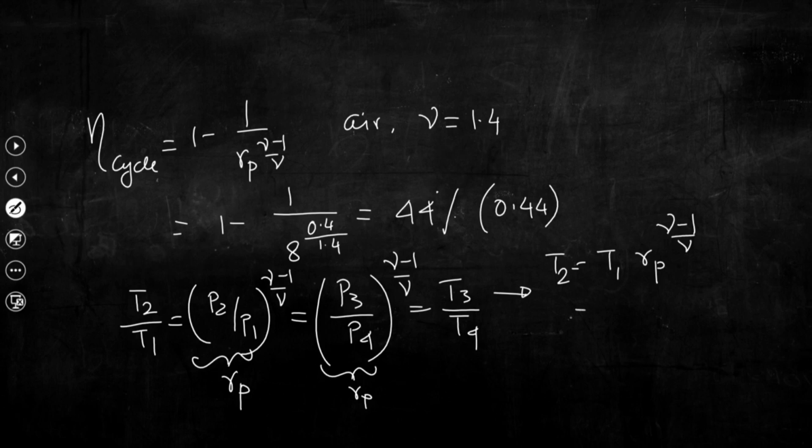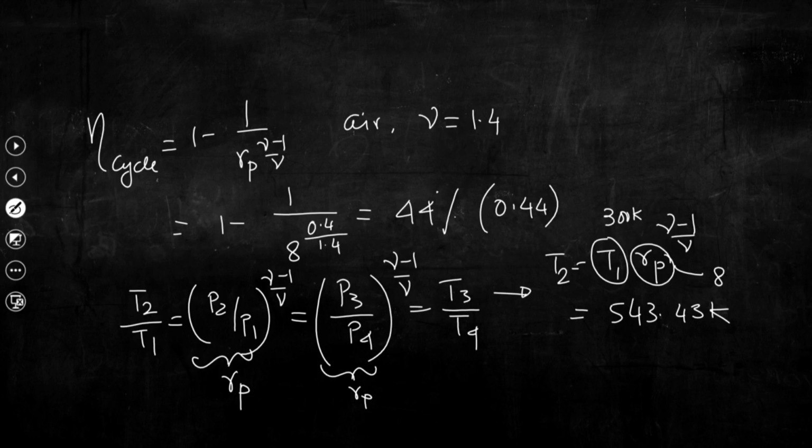So, that is 543.43 Kelvin. We know T1 is 300 Kelvin, and Rp, that is P2 by P1, is 8. So, we can calculate T2.